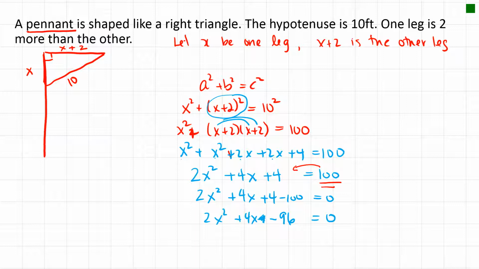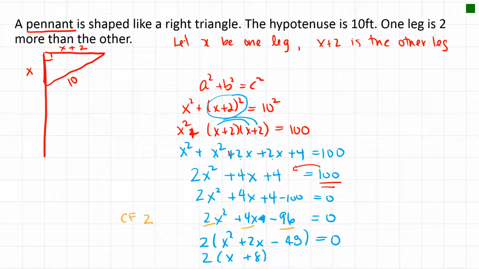Notice that there is a common factor because all of these numbers are even, so there's a common factor of 2. I'm going to common factor out a 2, and 96 divided by 2 is 48, and then I can do simple trinomial factoring.